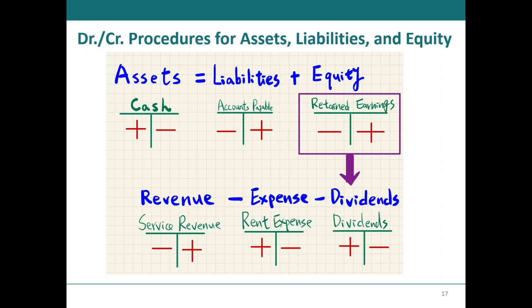Okay? So how about your equity? Equity, we have, for example, retained earnings. How to get retained earnings? Revenue minus expenses minus dividends. So did you find out revenue should be on the same side as your retained earnings? But for your expenses, dividends, minus means what?